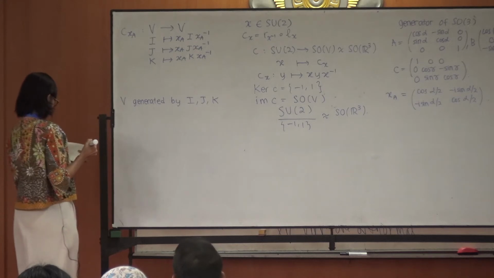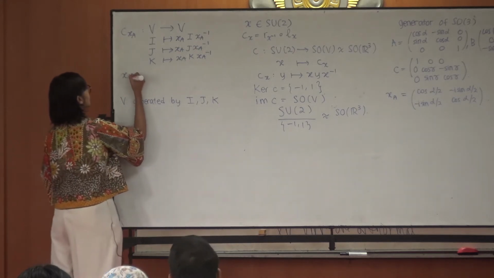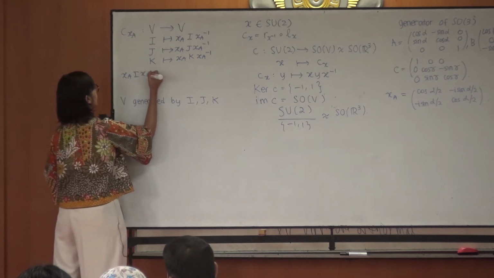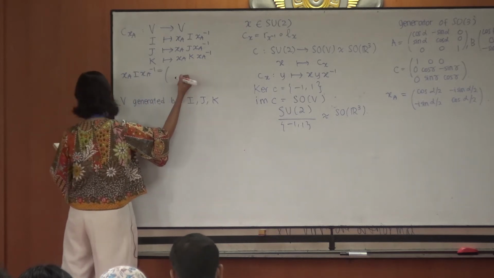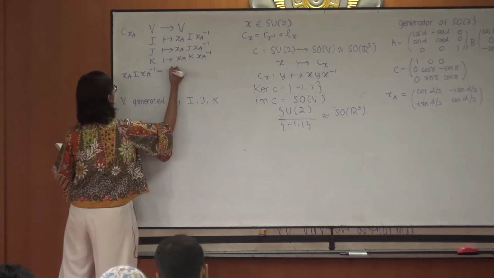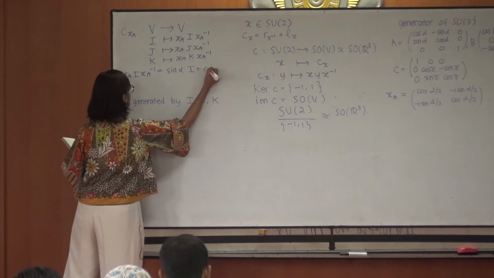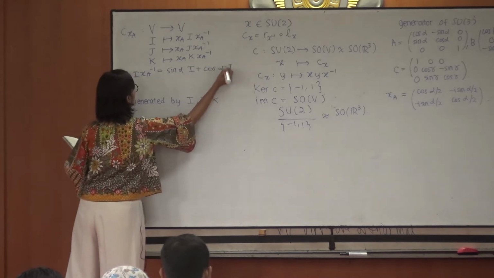I will just give the result. XA I XA inverse is sin alpha I plus cos alpha J.